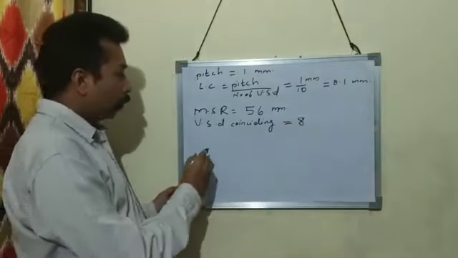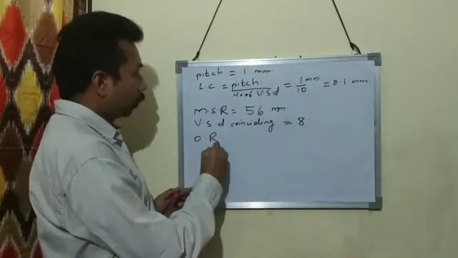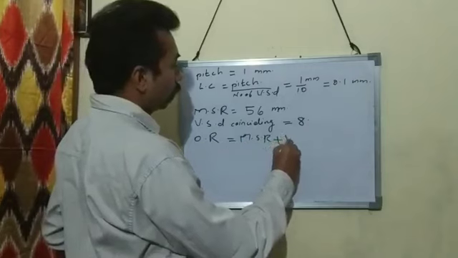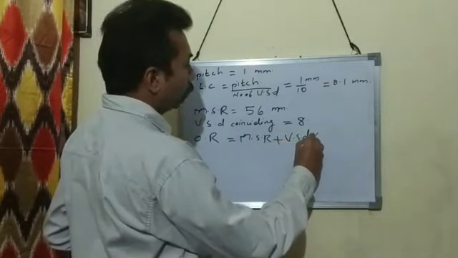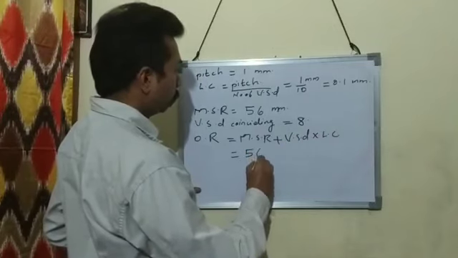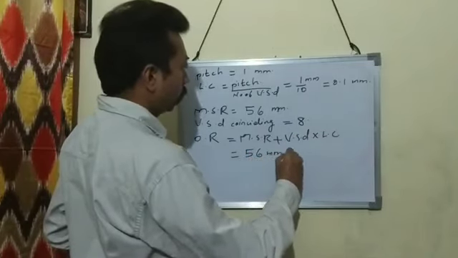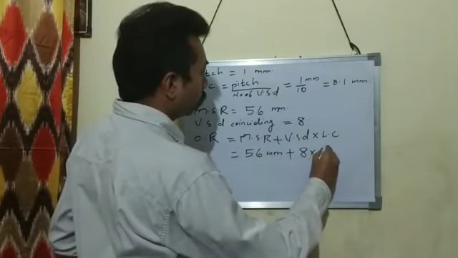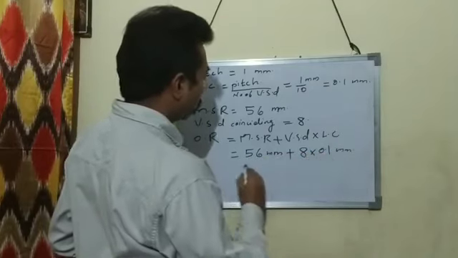Now we have to find the observed reading. What is the formula? Main scale reading plus vernier scale division coinciding into least count. So the main scale reading is 56 millimeter, vernier scale division coinciding is 8, and least count is 0.1 millimeter.